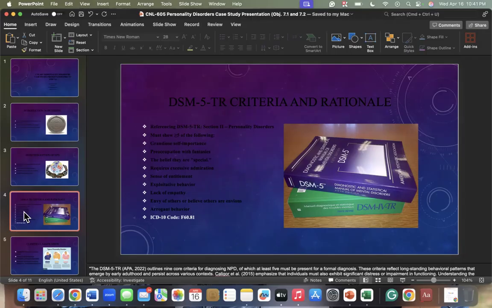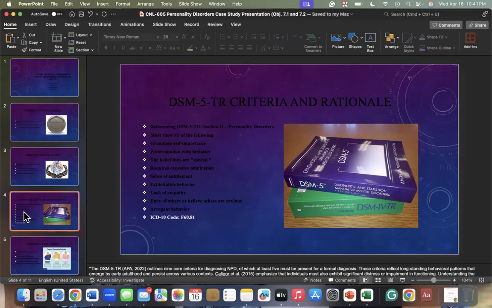It requires excessive admiration, sense of entitlement, exploitative behaviors. Also have lack of empathy, envy of others, or believe others are envious, and they have arrogant behaviors. The ICD-10 code for that would be F60.81.